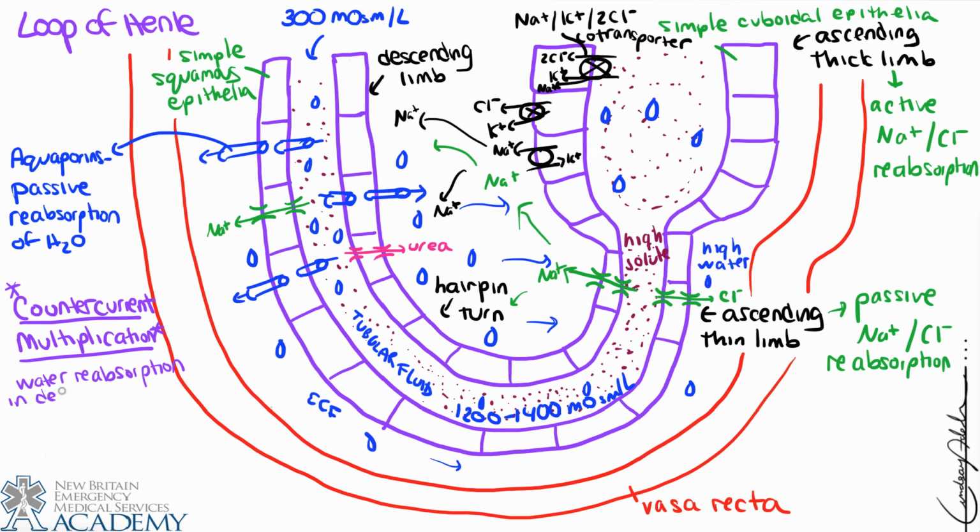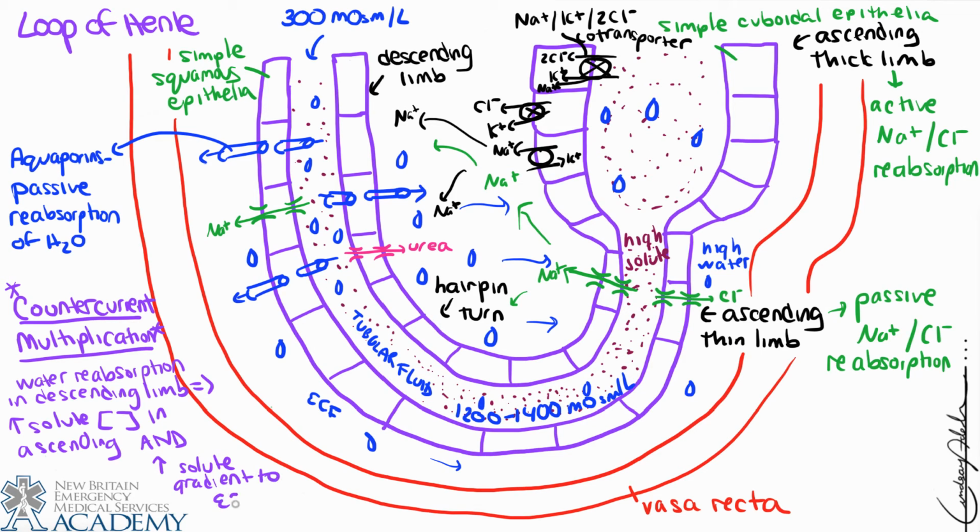We have water reabsorption in the descending limb, which in turn is going to cause an increase in solute concentration in the ascending limb and an increase in the solute gradient to the ECF in the ascending limb as well. So high solute in the renal tubule and lower solute relative to the inside in the ECF.